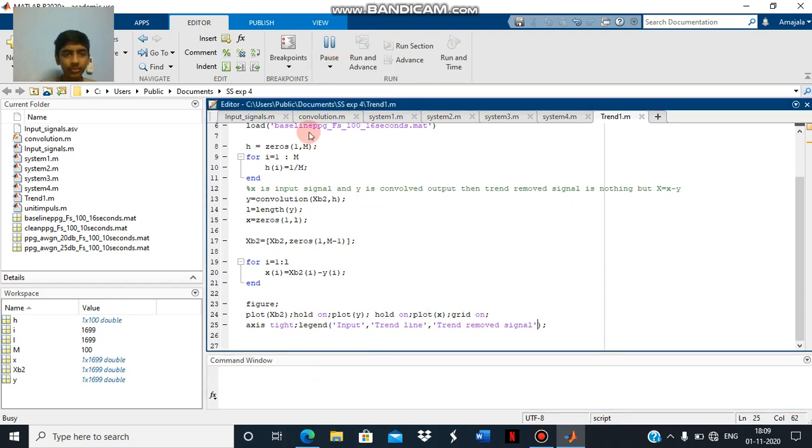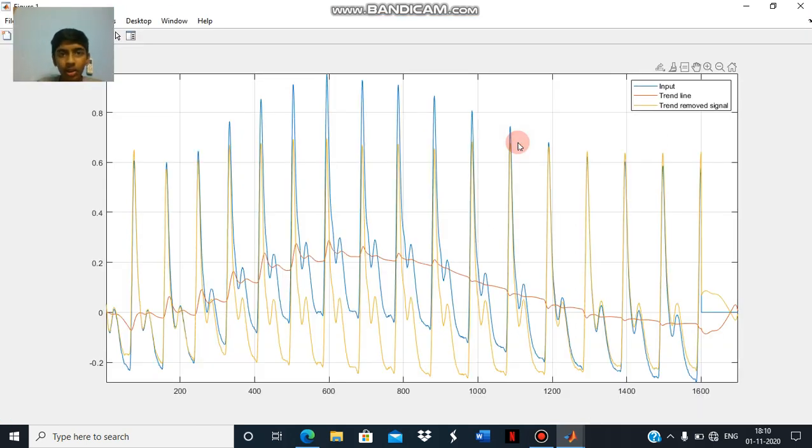When I run the program, we can clearly see the difference between the input signal and the trend removed signal. Here the blue line is the input signal, red is the trend line, and the yellow line shows the trend removed signal.